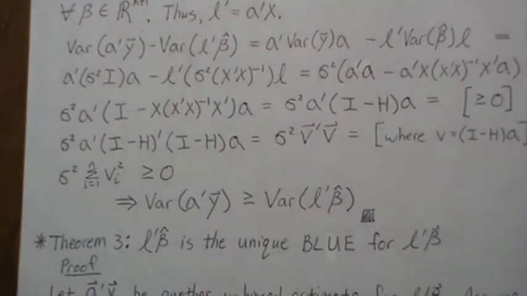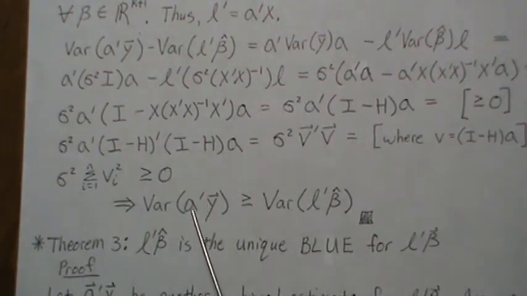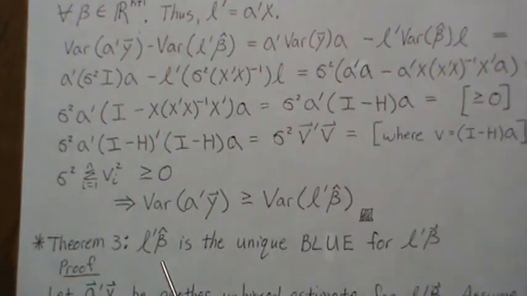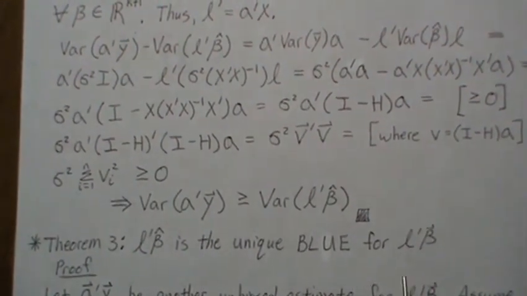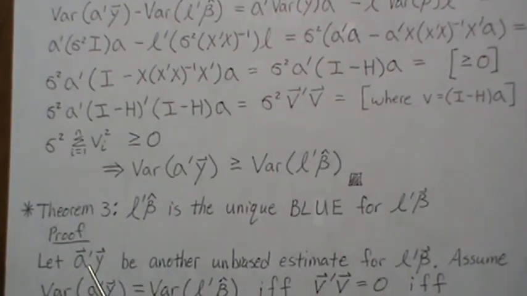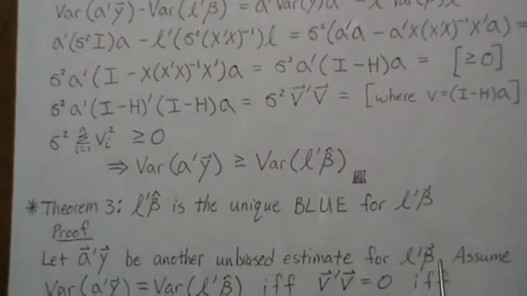Now, it's kind of unsatisfactory that there may be some that are equal to it. So let's show that it's unique. Let's show that L beta hat is the unique BLUE for L beta. Here's the proof. Let AY be another unbiased estimate for L beta.